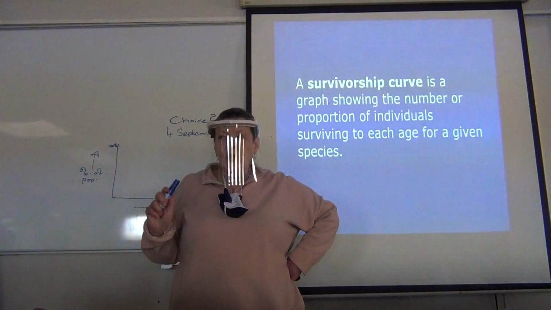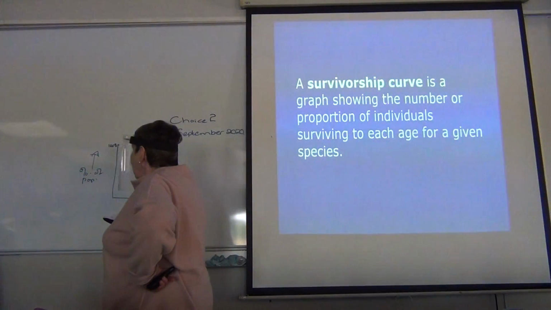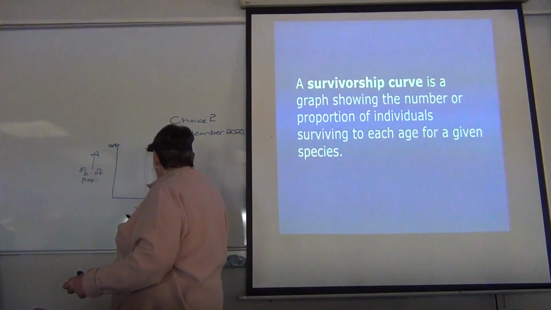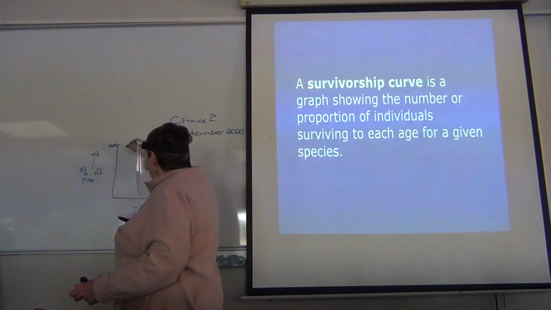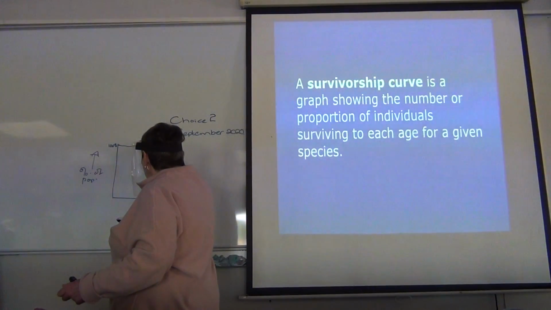Okay, now what you're looking at is, over time, how many of them survive to maximum age. So if we're talking about humans, and this is age 95, then the majority of humans live.